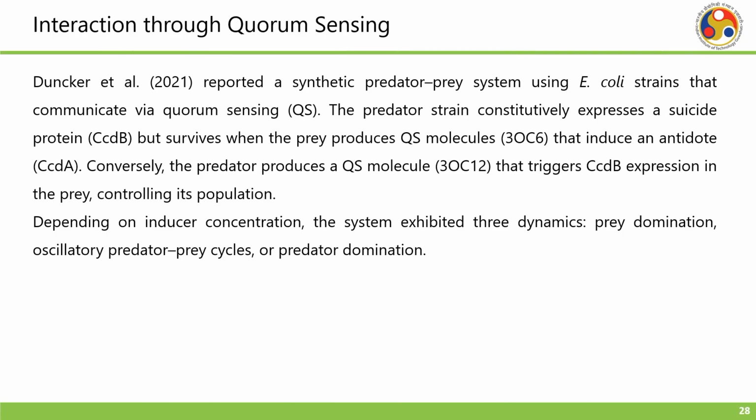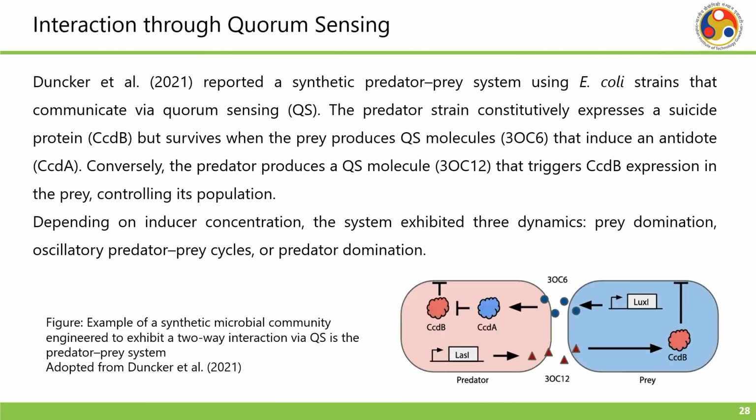Conversely, the predator produces a QS molecule 3OC12 that triggers CcdB expression in the prey, controlling its population. Depending on inducer concentration, the system exhibited 3 dynamics: prey domination, oscillatory predator-prey cycles, or predator domination.